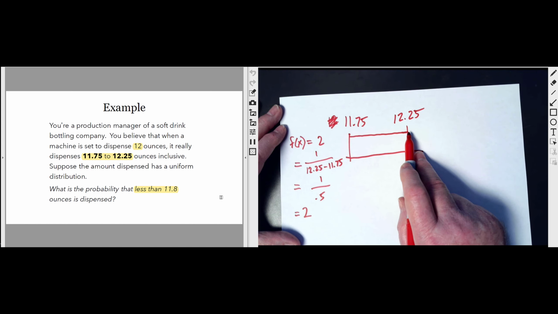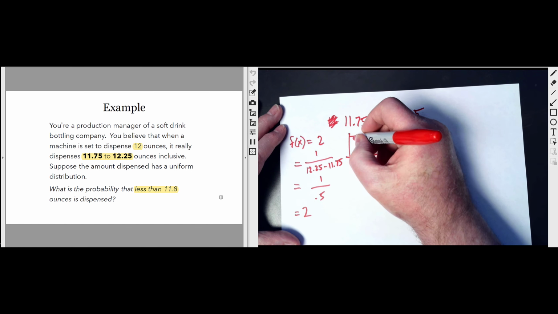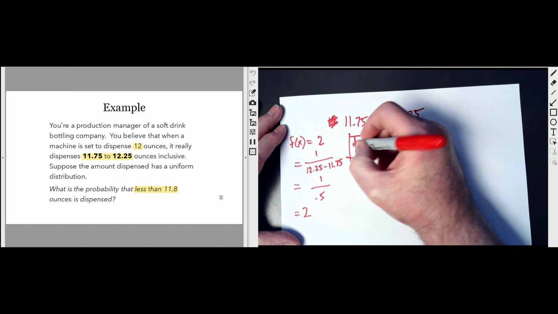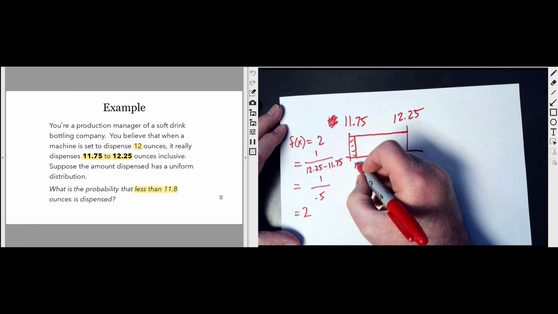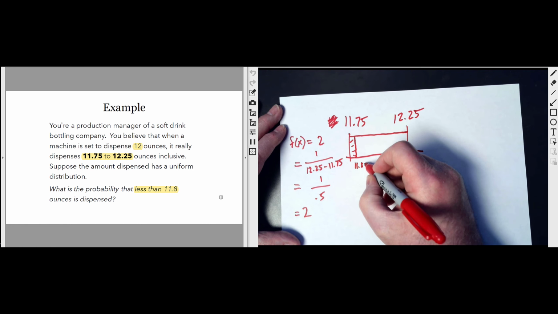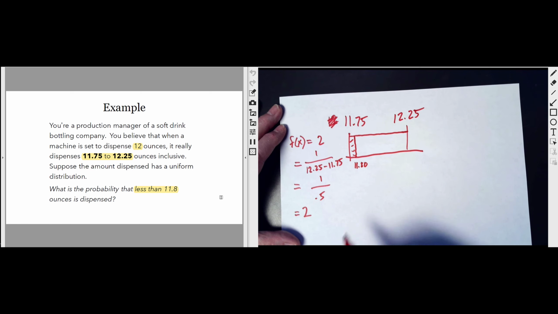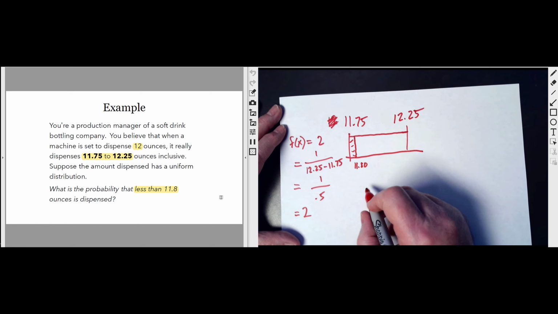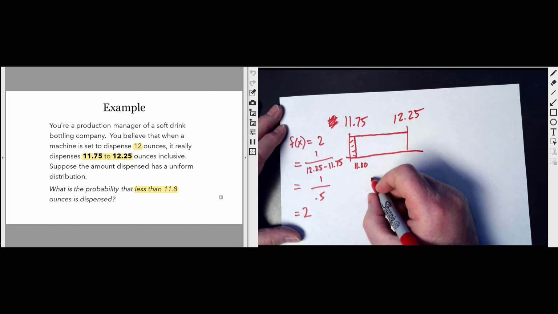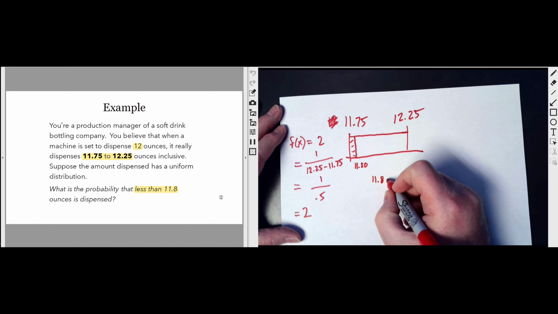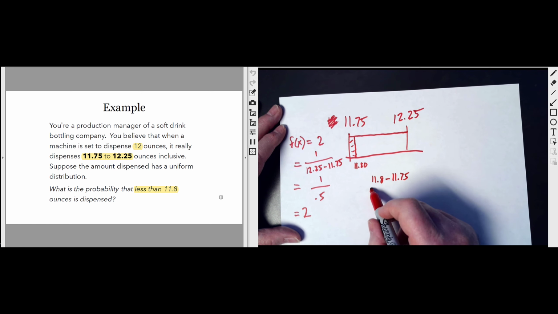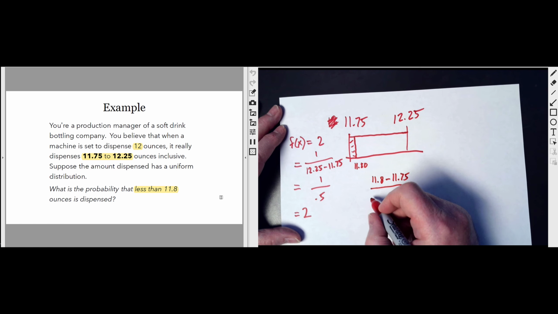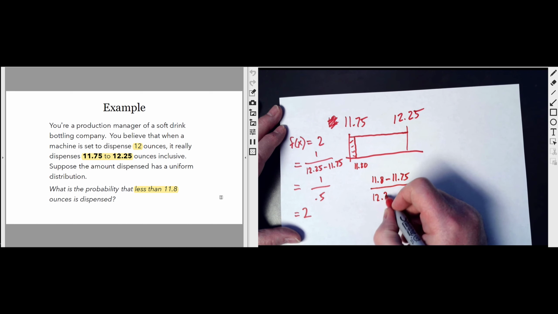The probability that less than 11.8 ounces is dispensed is the area of this rectangle over here from 11.8. And consequently, the probability of that is going to be 11.8 minus 11.75. That's the width, divided by the width of the entire range.